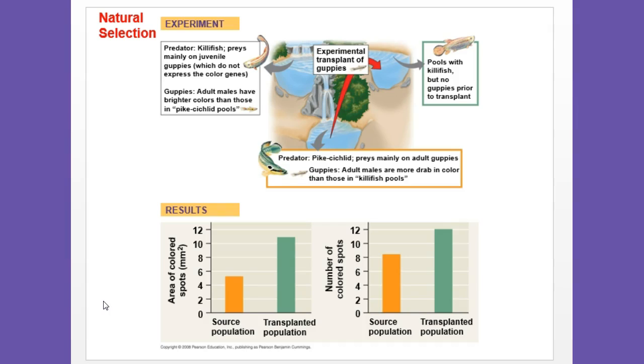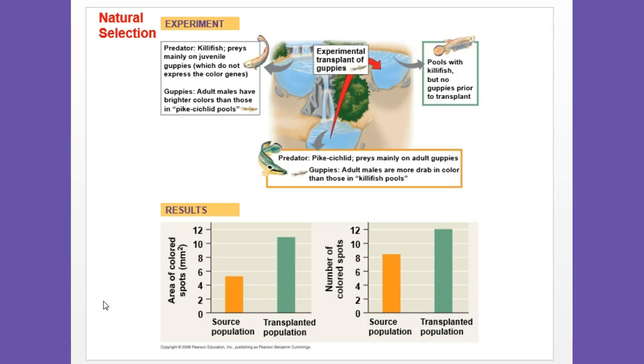So the pool that they took them from versus where they put them into a pool that had no prior guppies, that guppy population rose, and so they were able to conclude that the changes in predator resulted in different variations, brighter color patterns being favored in the transplanted population over a relatively short time, an observable evolutionary change that occurred in this population.